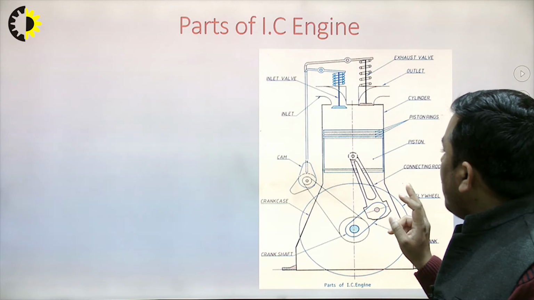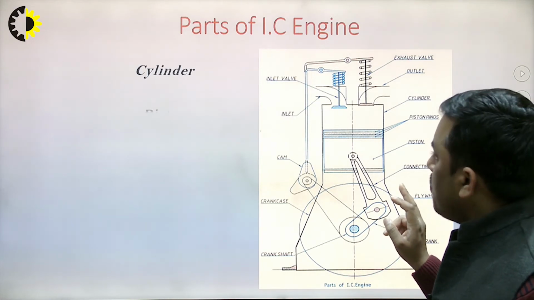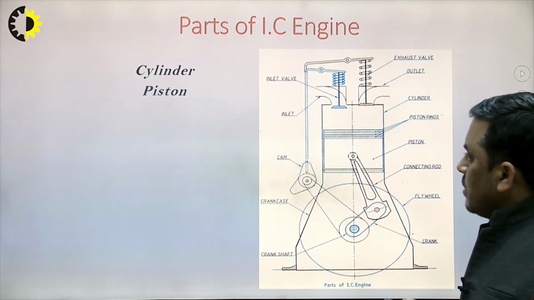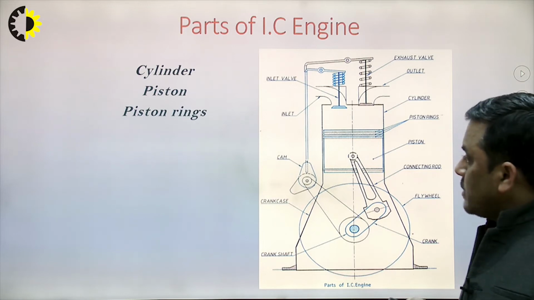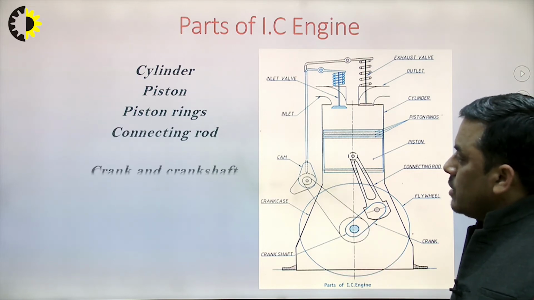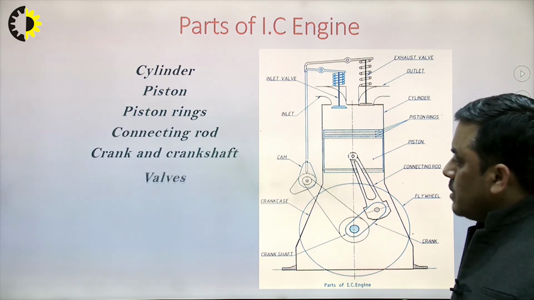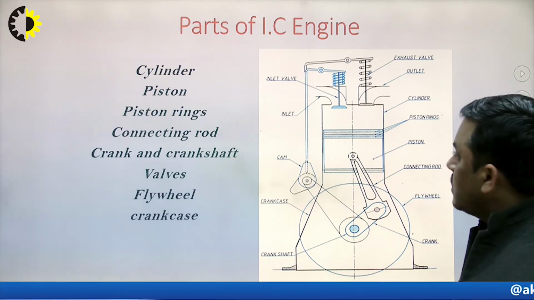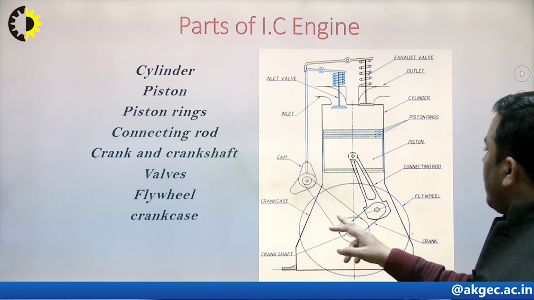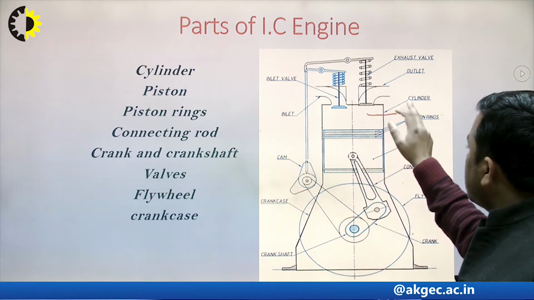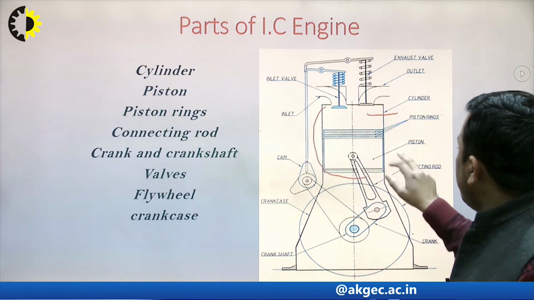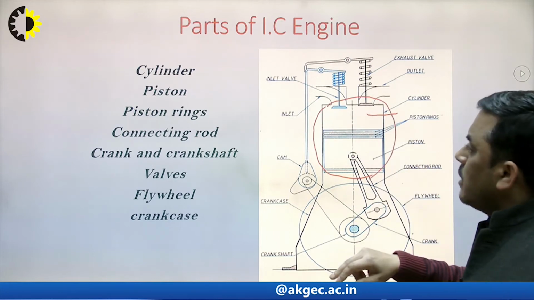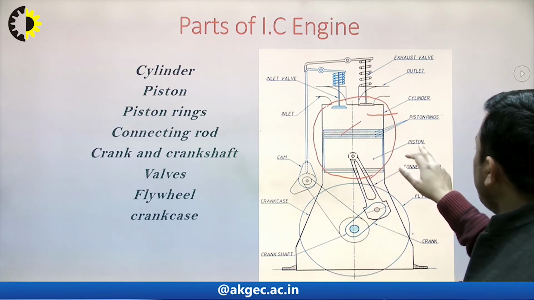Now coming to the point, what are the main parts? Cylinder, piston, piston rings, connecting rod, crank and crankshaft, valves, flywheel, crankcase. This area is the cylinder. This is the piston.